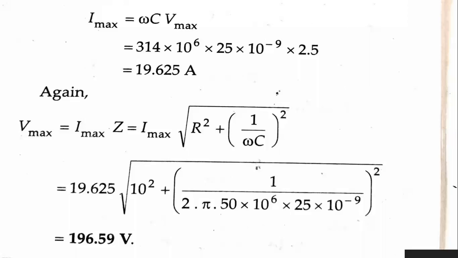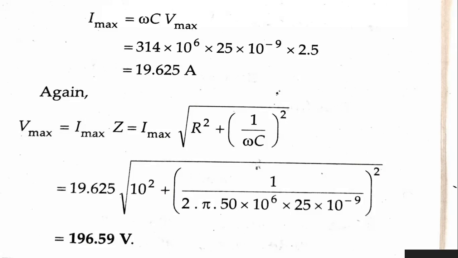And the maximum voltage across that capacitor is 2.5 volt. If you multiply all these, you will get 19.62 ampere. That is the maximum current through that capacitor, so that you can find how much current is flowing through the RC circuit.